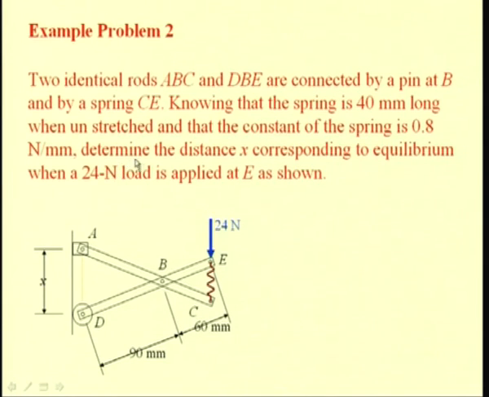We are interested to determine the distance x, that is the distance the roller that is connected to this end D of this rod DBE moves for the equilibrium position when this force of 24 newtons is applied at this point E of this link DBE.